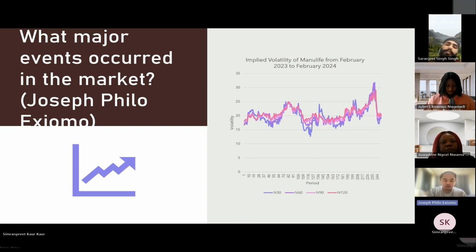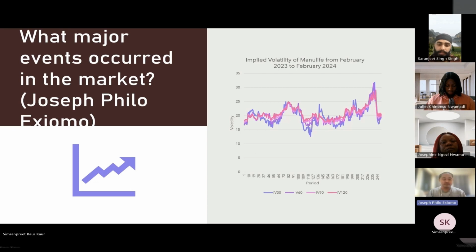But when you look at the middle, somewhere in between August or quarter three of 2023, it has the greatest impact from that period, because that is when Manulife, for instance, has expanded globally, and in their expansion there's a risk involved, like operational risks, like as mentioned by my team member. The currency fluctuation also takes part as a factor in the fluctuation of stock price, particularly of Manulife.